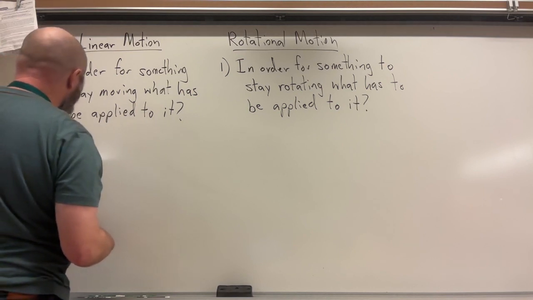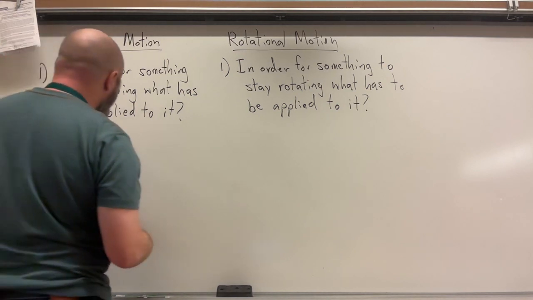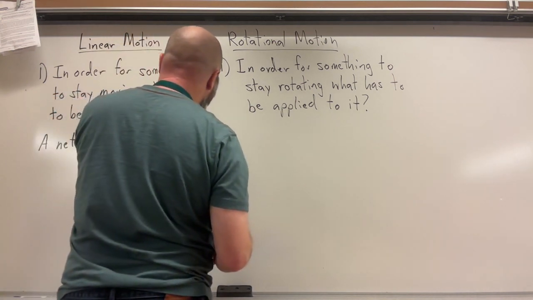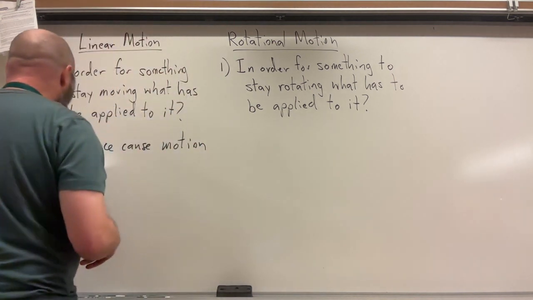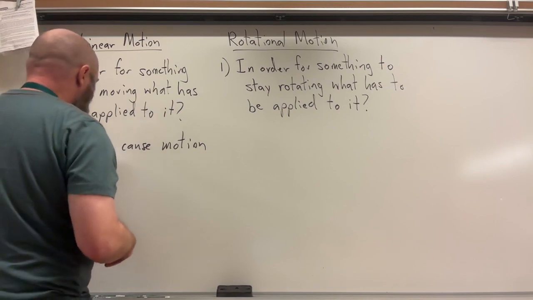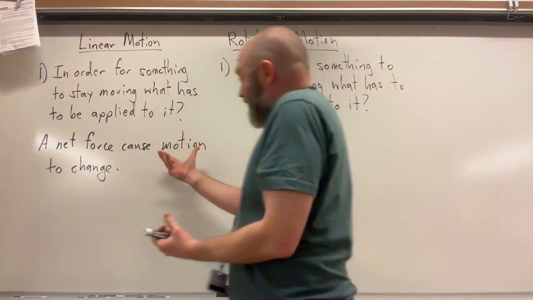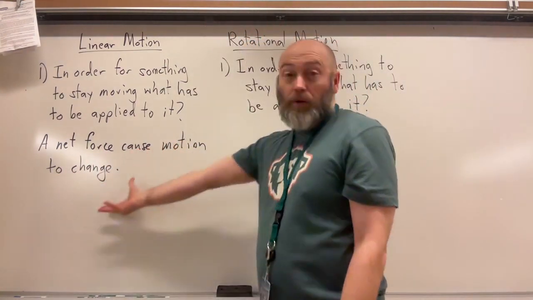And really it was a net force that causes motion to change. So whenever there's a net force acting on an object, its motion is going to change. How could it change?